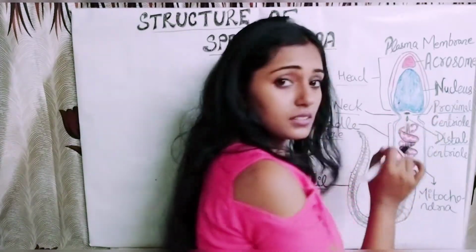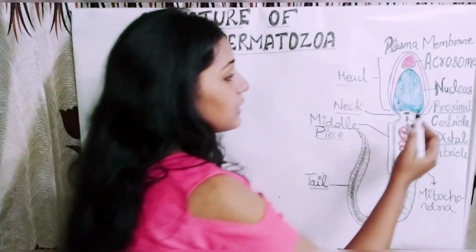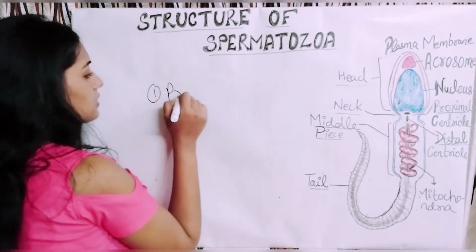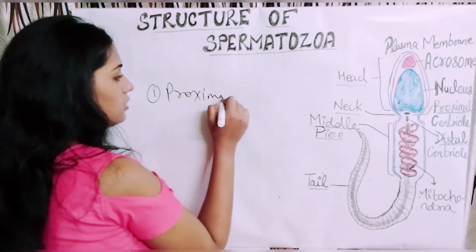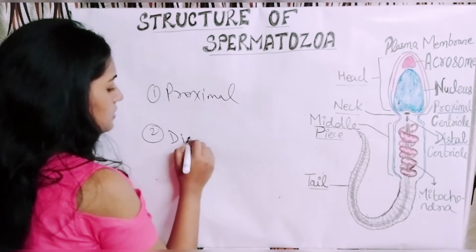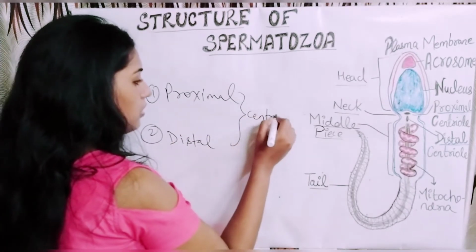Now the neck region. The neck region is slightly narrower and it contains 2 centrioles. Okay, the first is the proximal centriole and the second is the distal centriole.